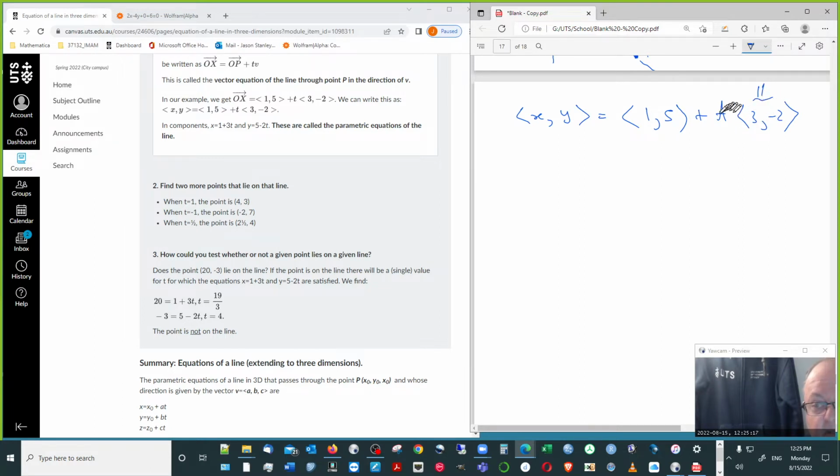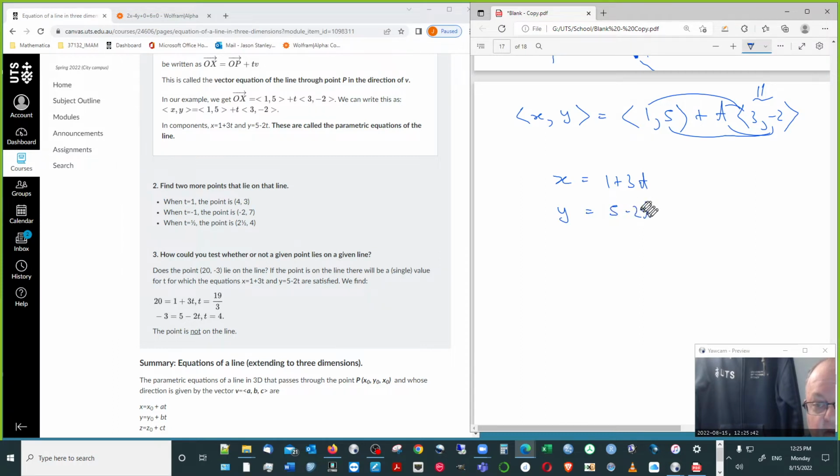Put a squiggle under that, parallel vector. And then we're told about this component form. X is equal to 1 plus, so if we expand that and do that, that's a pair. 1 plus 3t. If we expand this one and do the second point, that's a second pair, y.